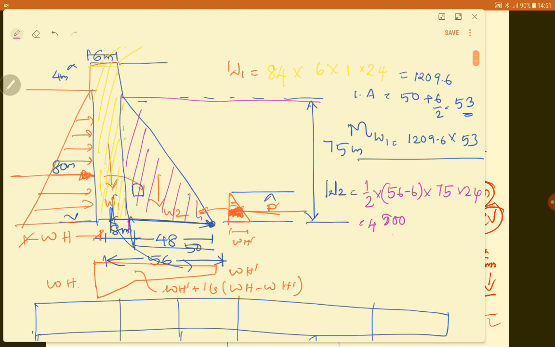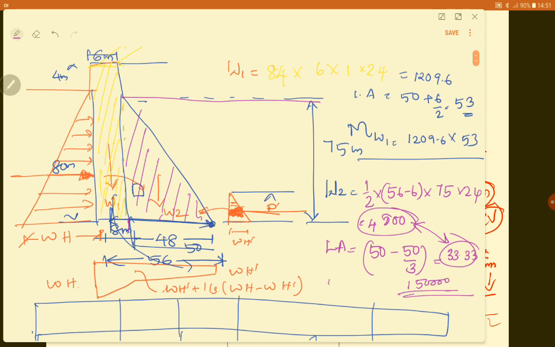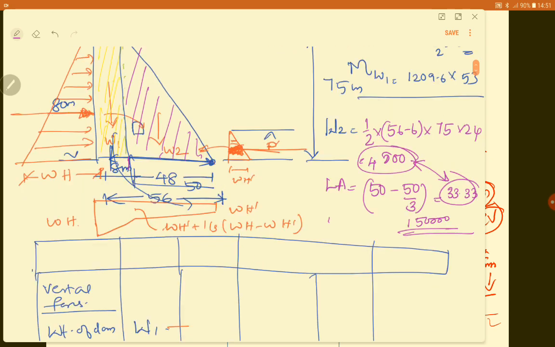Now what will be the lever arm for W2? It will be acting at 50 minus 50 by 3. Okay, so the lever arm will be equal to 33.33. Now what will be the moment? Moment will be equal to multiplying these two terms. Okay.